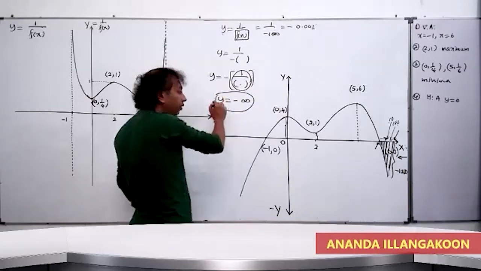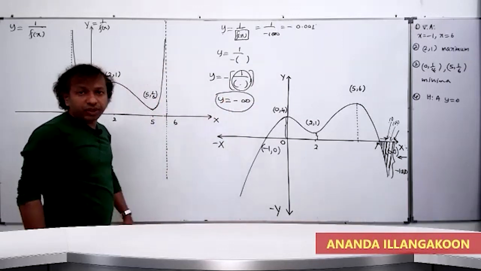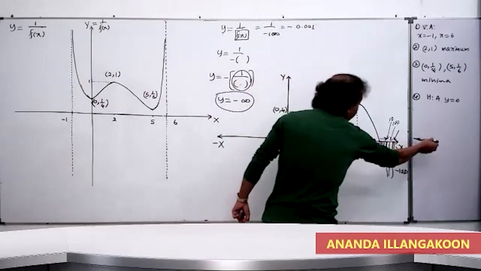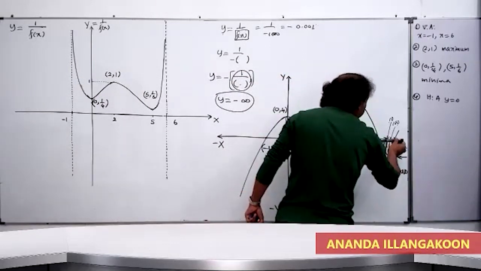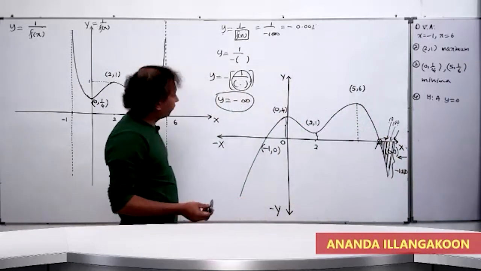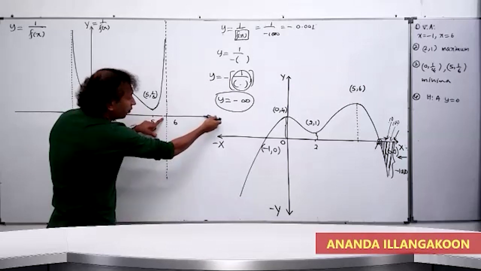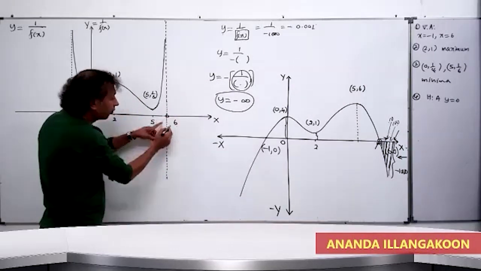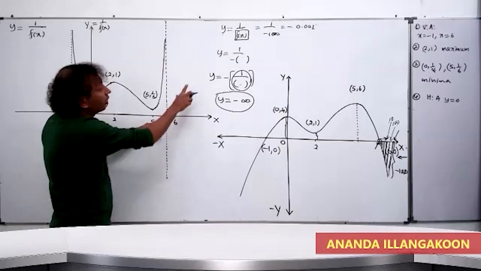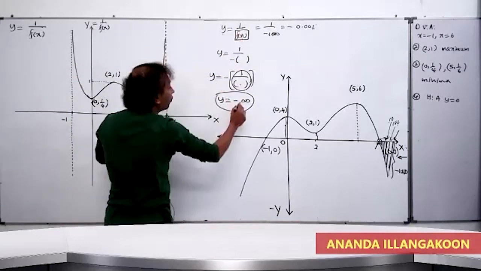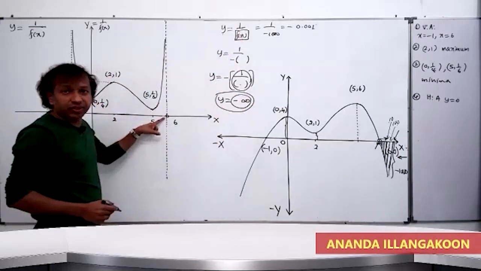Then can you tell me, when we come from this end to the 6, the y coordinate, that means 1 upon f(x), going to be minus infinity.